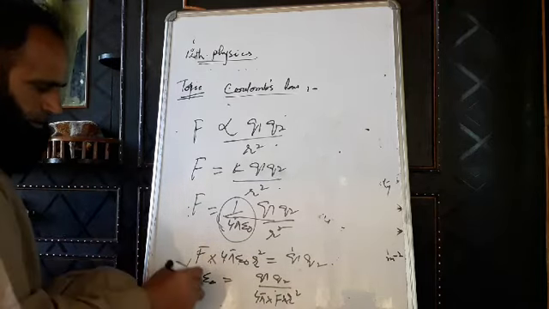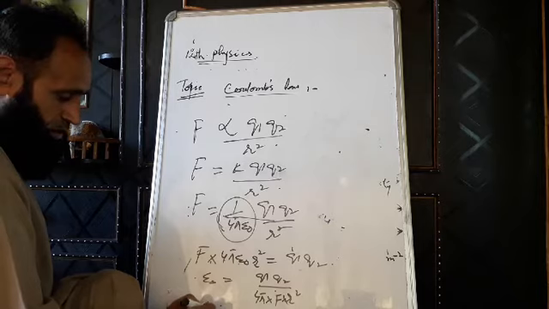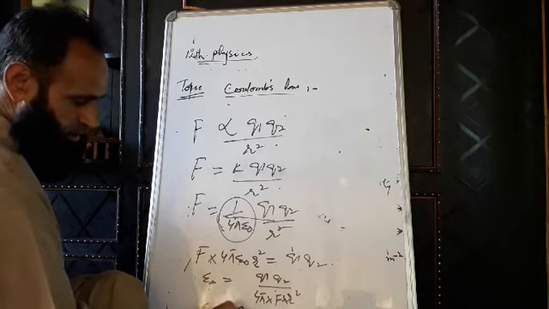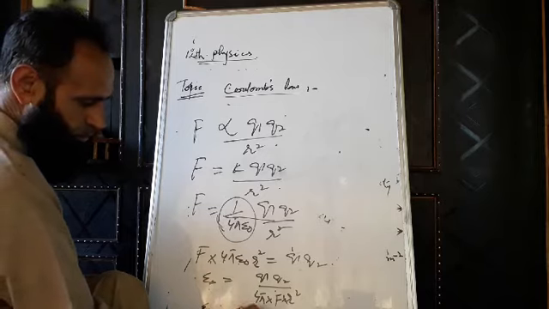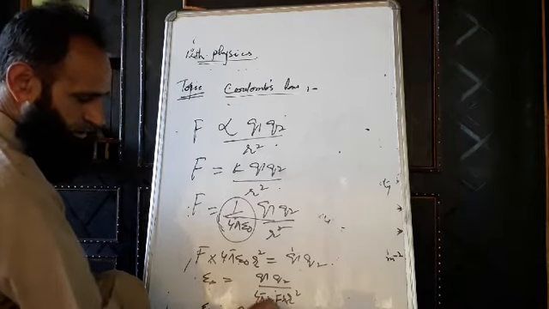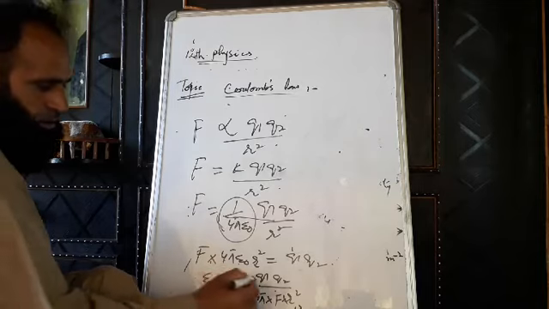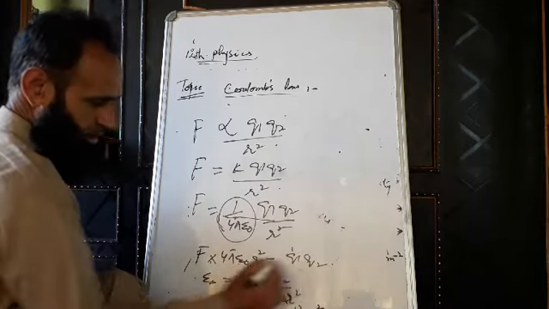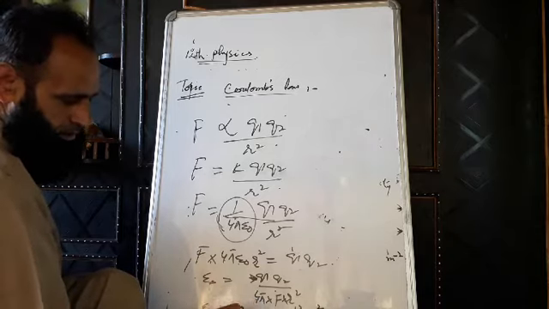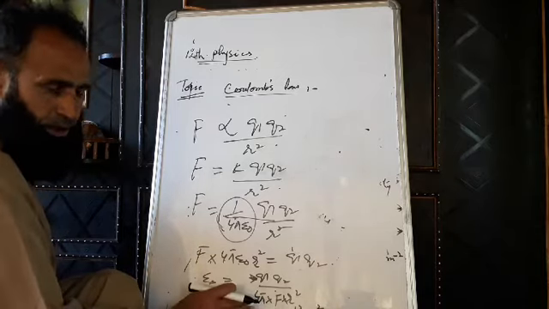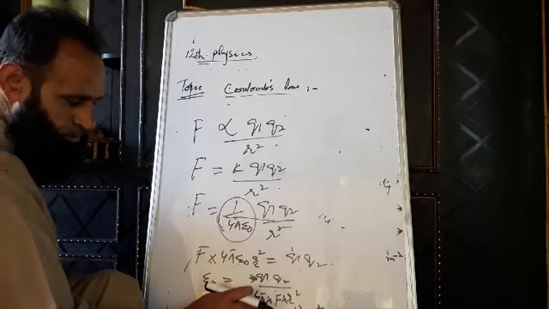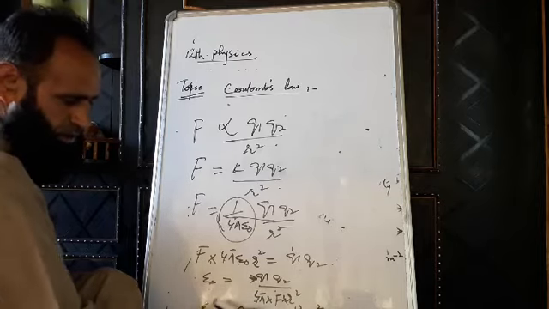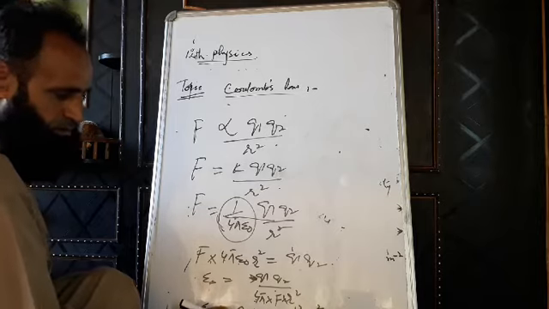After calculating, we have found its value is 8.854 into 10 raised to power minus 12 coulomb square. After this, we put the value of 4 pi, 22 by 7, and after calculating we have got this value.